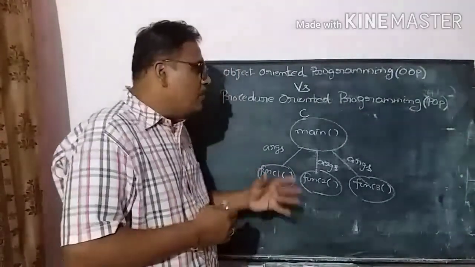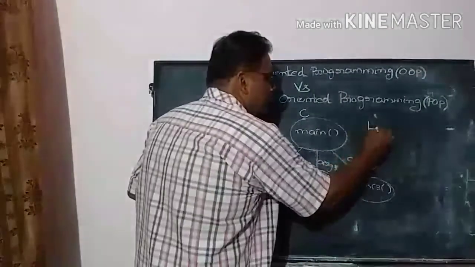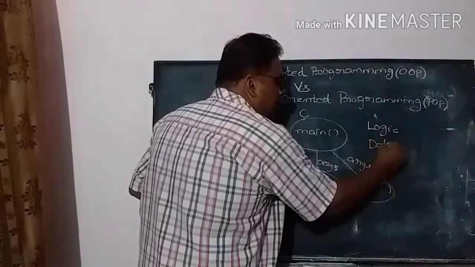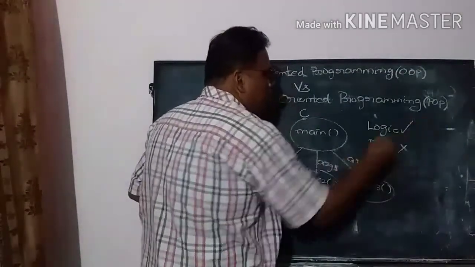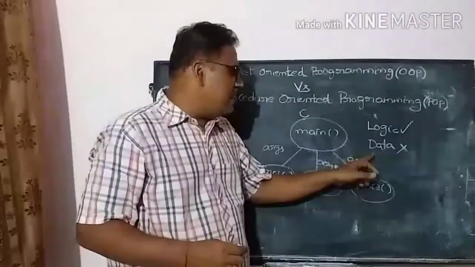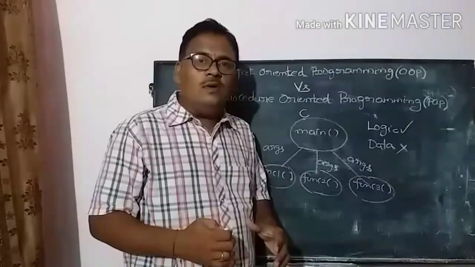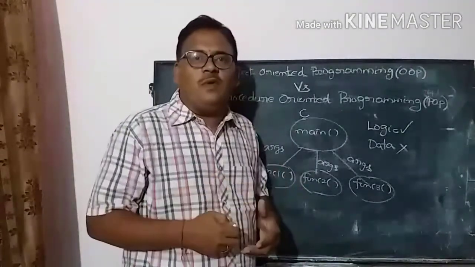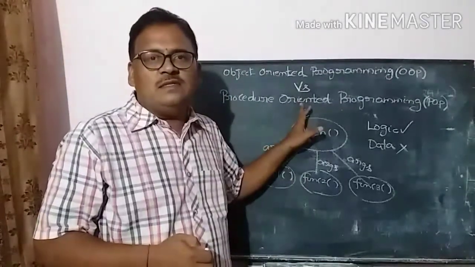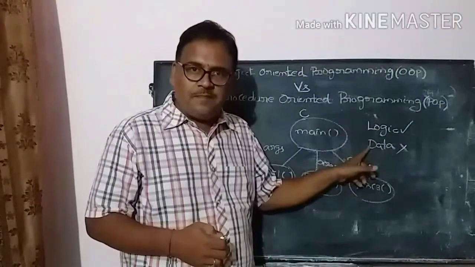In this, we concentrate on logic rather than data. We concentrate on how the logic of the program works and how to make the program easy. So logic is main and data is secondary.